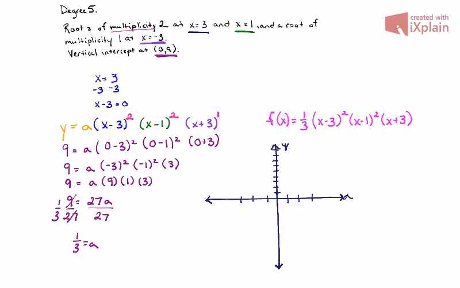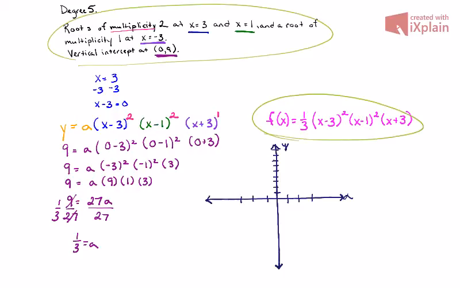I do know, either from the description above or from the polynomial that we created, that I have a root or a zero at x is equal to negative 3, x is equal to positive 1, and x is equal to positive 3.